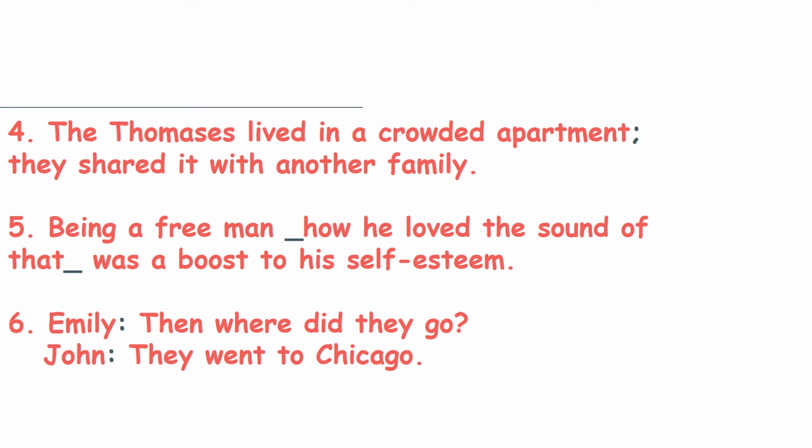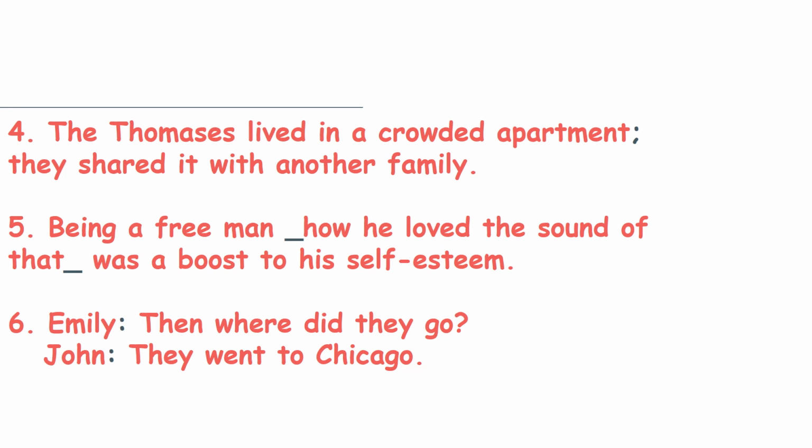Number 5, being a free man—how he loved the sound of that—was a boost to his self-esteem. As you can see, "how he loved the sound of that" was something that interrupted the flow of the sentence.